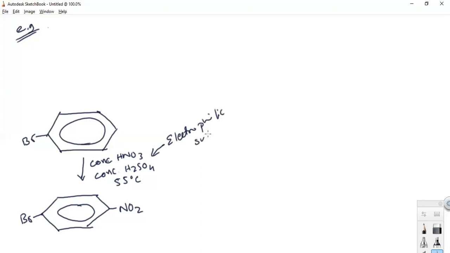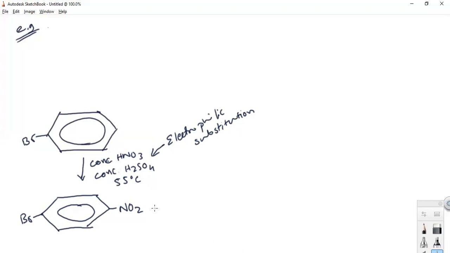Electrophilic substitution. I'm just writing this to show you how to actually solve such questions, so that you can do active recalling. This is a way of remembering and revising by yourself. So this is the reaction of electrophilic substitution, which is the characteristic reaction of benzene. And this is specifically the nitration of benzene, isn't it?